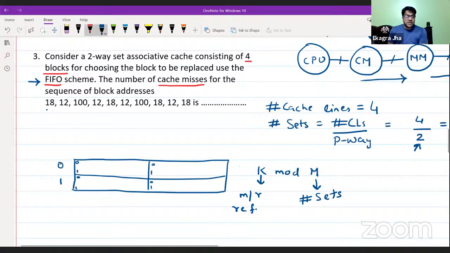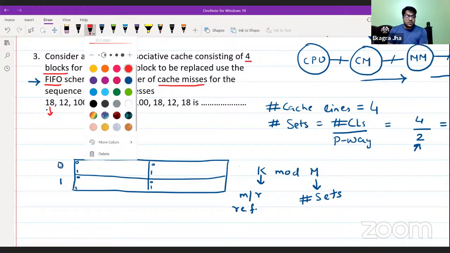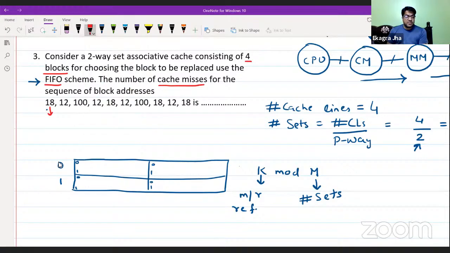Starting from 18, the first reference. When the CPU is looking for 18 in the cache memory, initially the cache memory must be empty. Hence, it is certainly a miss.